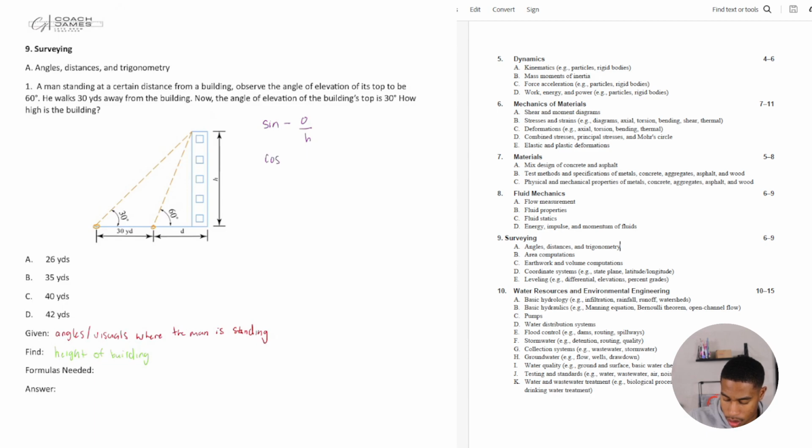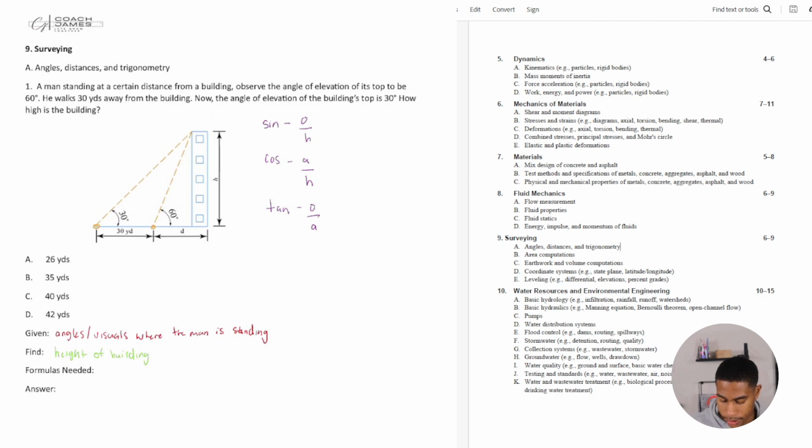Cosine is always adjacent over hypotenuse, A over H. And then tangent is equal to opposite over adjacent. SOHCAHTOA. Those are the formulas that we need.